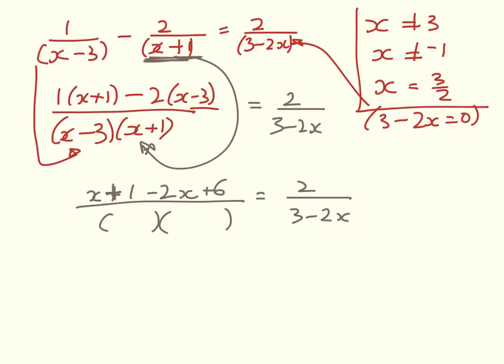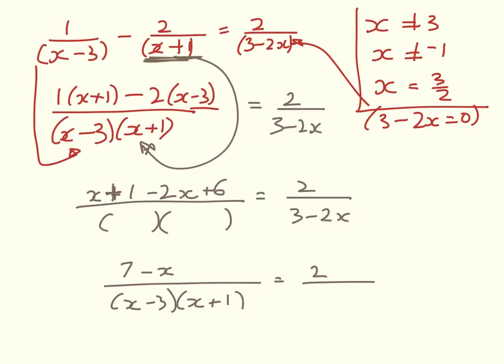There we go, x plus 1. So here I have 7 minus x over x minus 3 times x plus 1 equals 2 over 3 minus 2x. The next step is to cross multiply. I'm going to do that on a new slide, but I'm going to put brackets in around that first to make sure nothing gets left out.